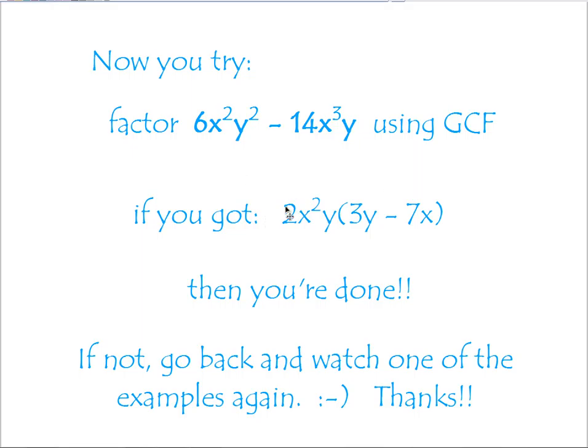Did you get 2x squared y times 3y minus 7x? If so, you're done. You can go on. If not, please go back and watch one of the first examples again, and then come back and try this one more time.